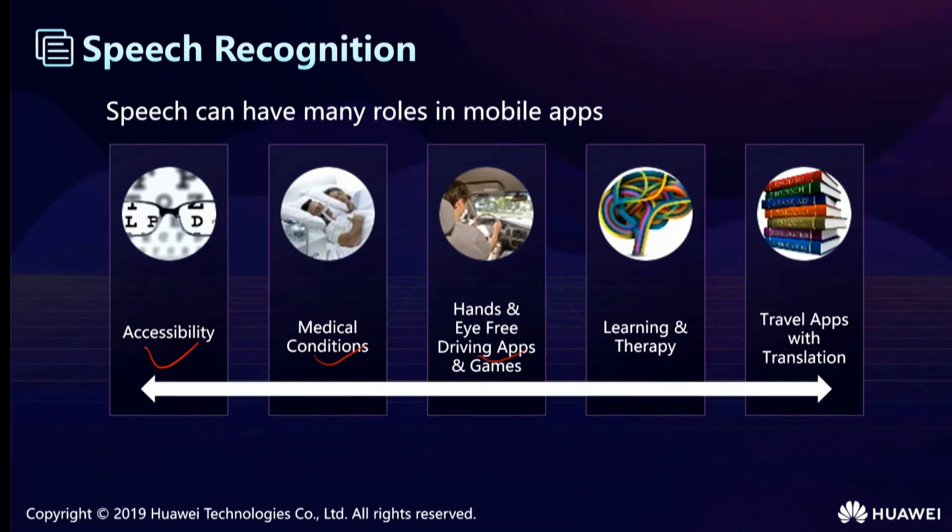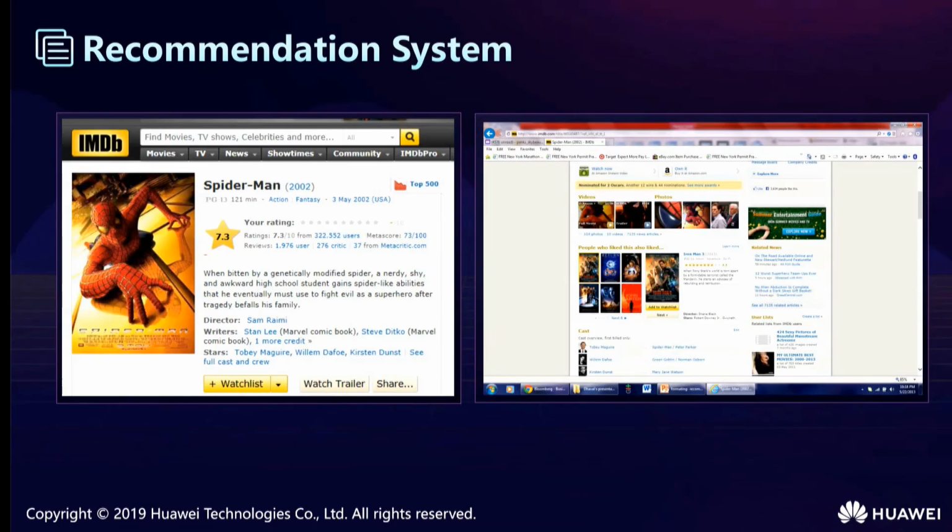When the system hears our voice, it will do many operations, such as learning instruments and travel apps with translation. And recommendation systems are not strange to us. Now most websites have these functions. They can recommend movies and TV shows to us. So that all belongs to the deep learning areas.